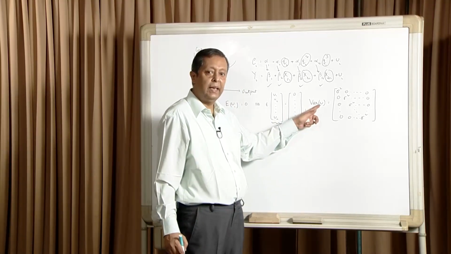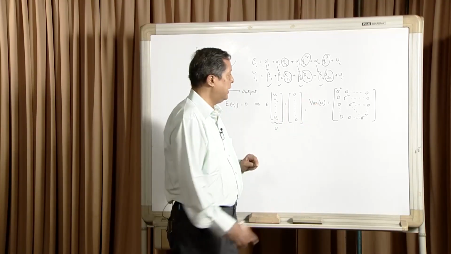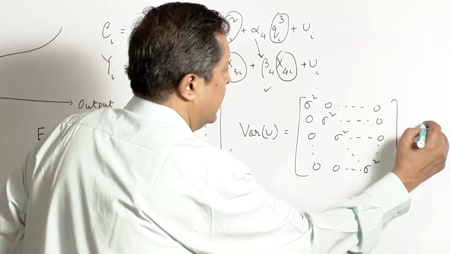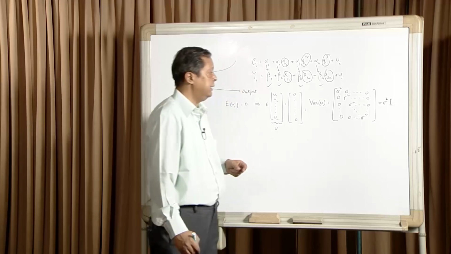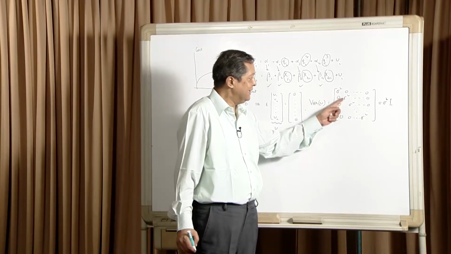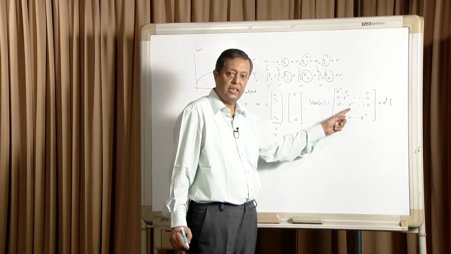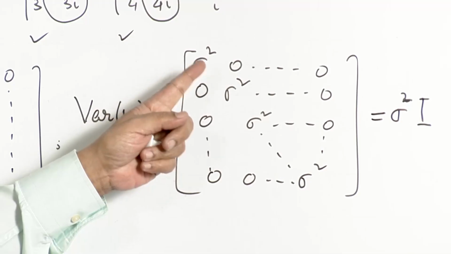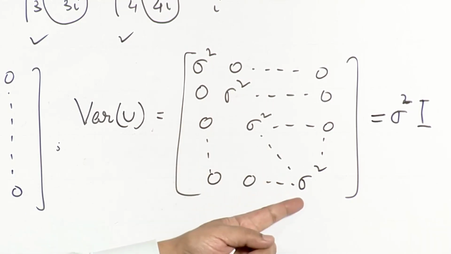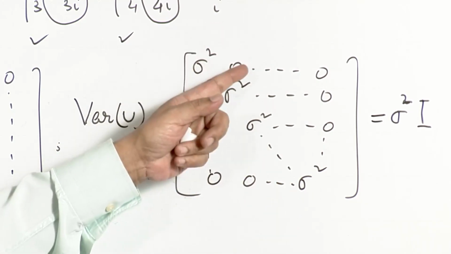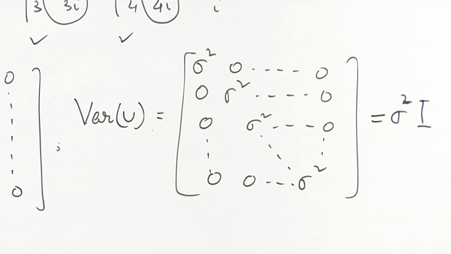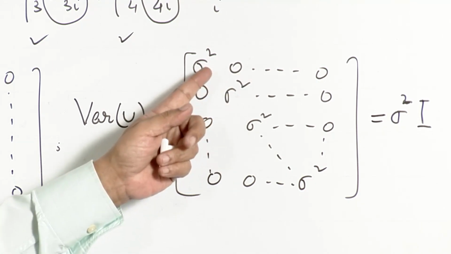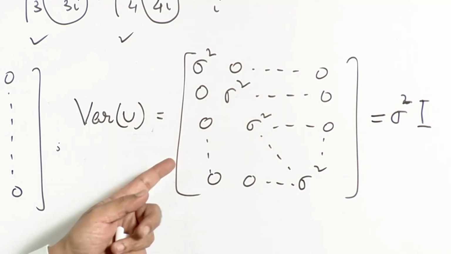This is called the variance covariance matrix, and this is written as sigma square I. It is written as sigma square I, and that means each of the diagonal elements shows the variances. This is variance of u1, variance of u2, right up to variance of un. And remember, we had said that the covariance between any two ui uj, i not equal to j, is equal to 0. So, all the off diagonal terms, they show the covariance.